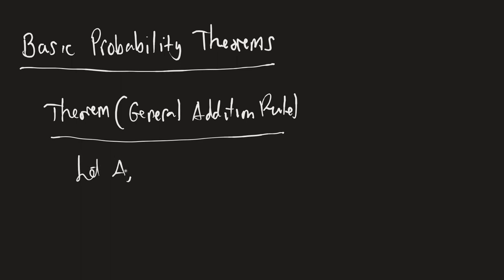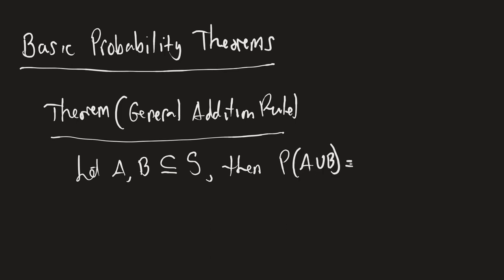Let A and B be subsets of some sample space, then the probability of A union B is equal to the probability of A plus the probability of B minus the probability of the intersection.